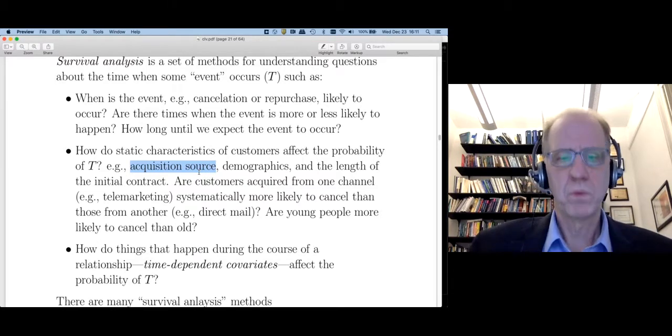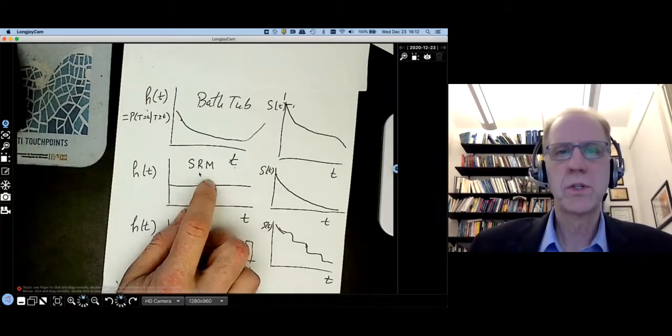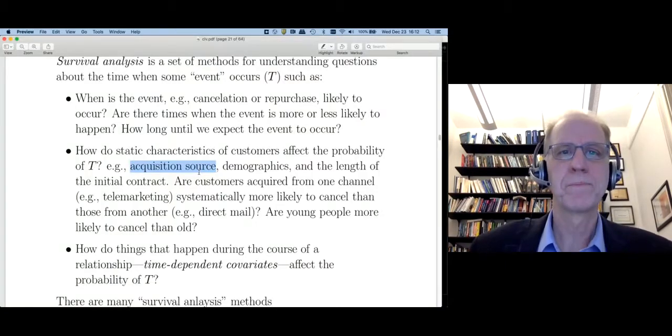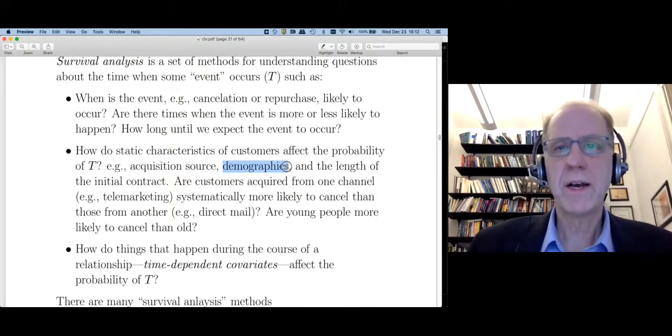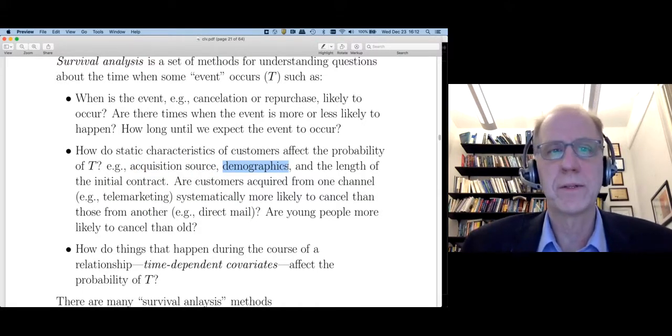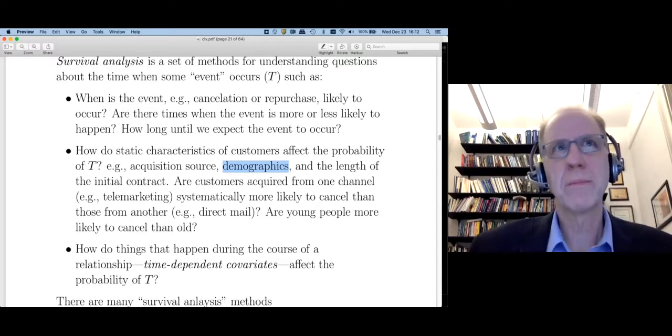The hazard function could just shift up depending on the acquisition source, or it could take on an entirely different shape. Likewise, if I have older customers versus younger customers, how does that affect things? That's the second type of question we'll be able to answer once we start thinking about this in more of a regression framework.